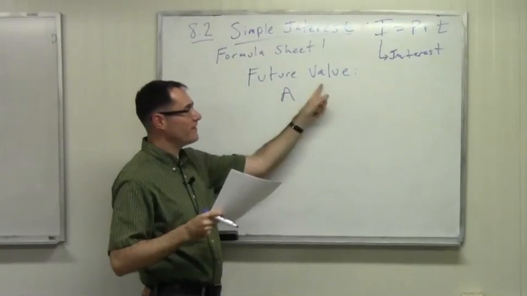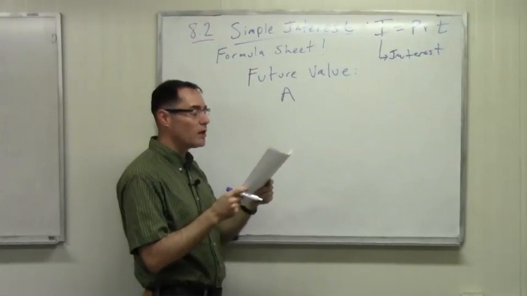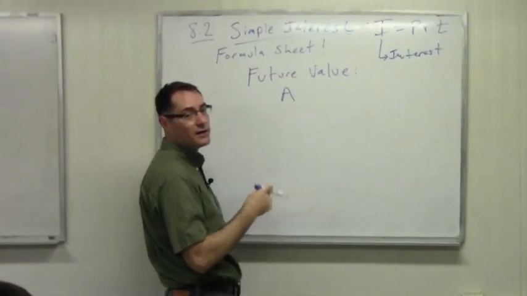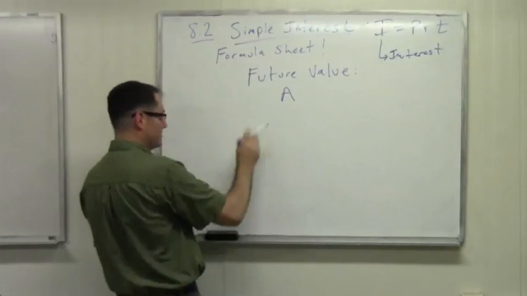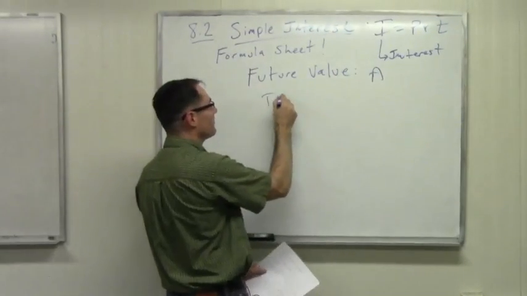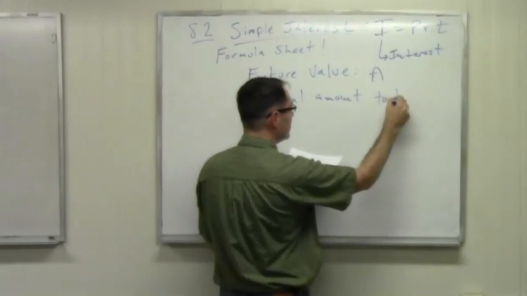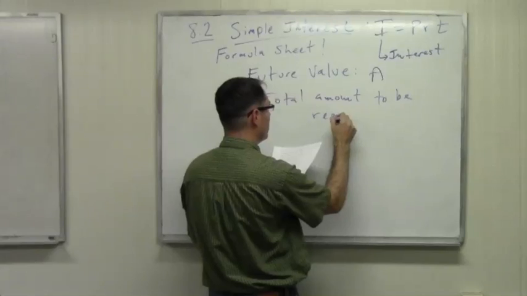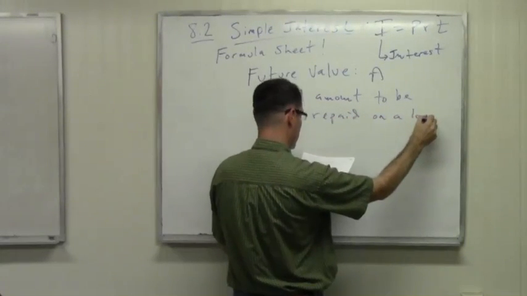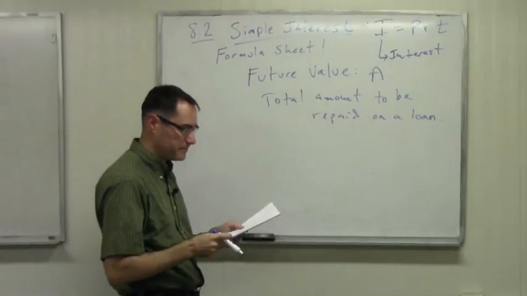But anyway, the future value here we're going to call A. That's the total amount to be repaid on a loan, or the total amount you'd get on investing a certain amount of money. So we'll call it A, the total amount to be repaid on a loan, which means it's principal plus the interest.